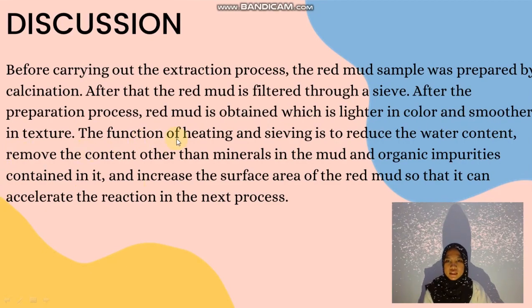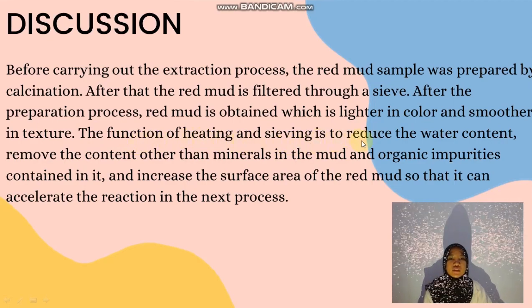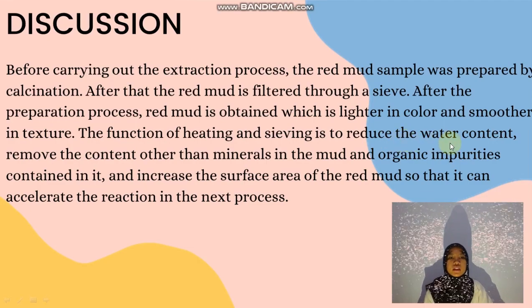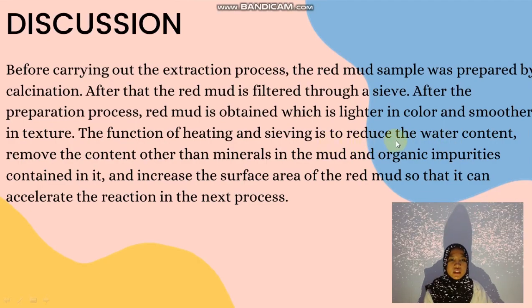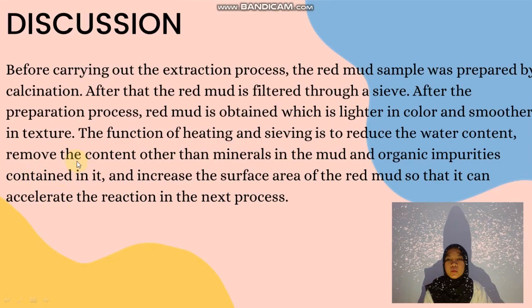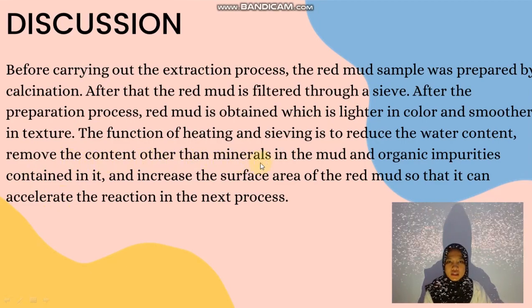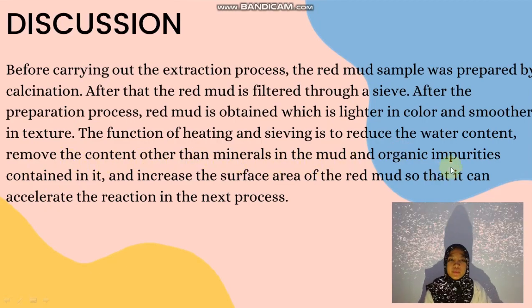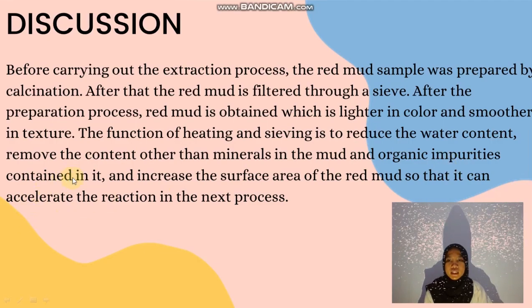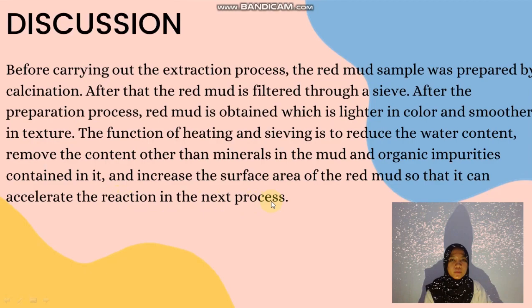The functions of heating and sieving are to reduce the water content, remove the content other than minerals in the mud and organic impurities contained in it, and increase the surface area of the red mud so that it can accelerate the reactions in the next process.